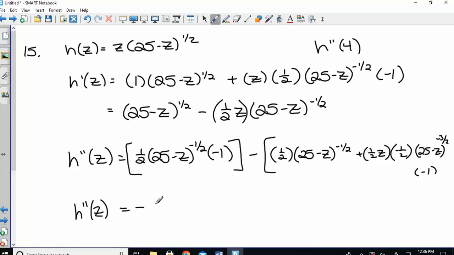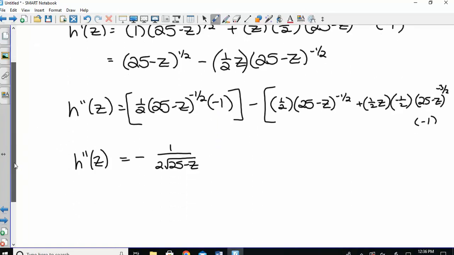So for the second derivative, we have negative, can I write this as 1/2 times the square root of 25 minus z? You don't have to, but since I'm going to plug a 4 in, I'm just doing that.